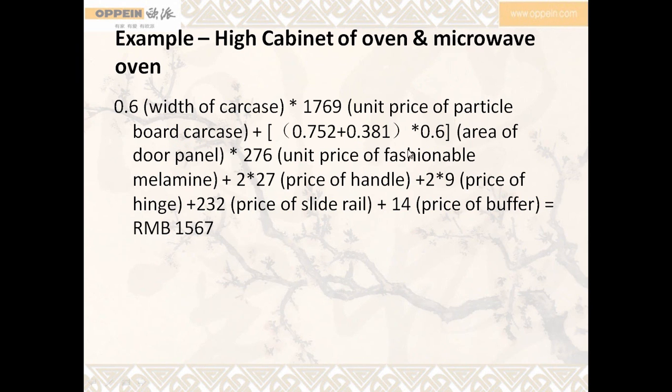Part 2 is area of door panel multiply unit price of fashionable melamine. The next part is the price of handle, then the price of hinge. Then this is the price of slide rail. The last part is the price of buffer. Then you get the final answer.